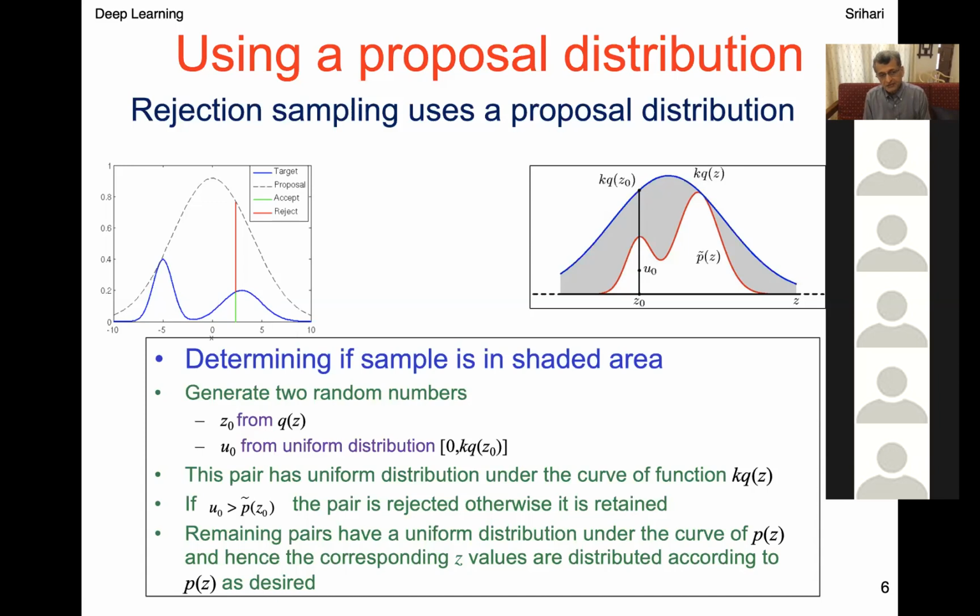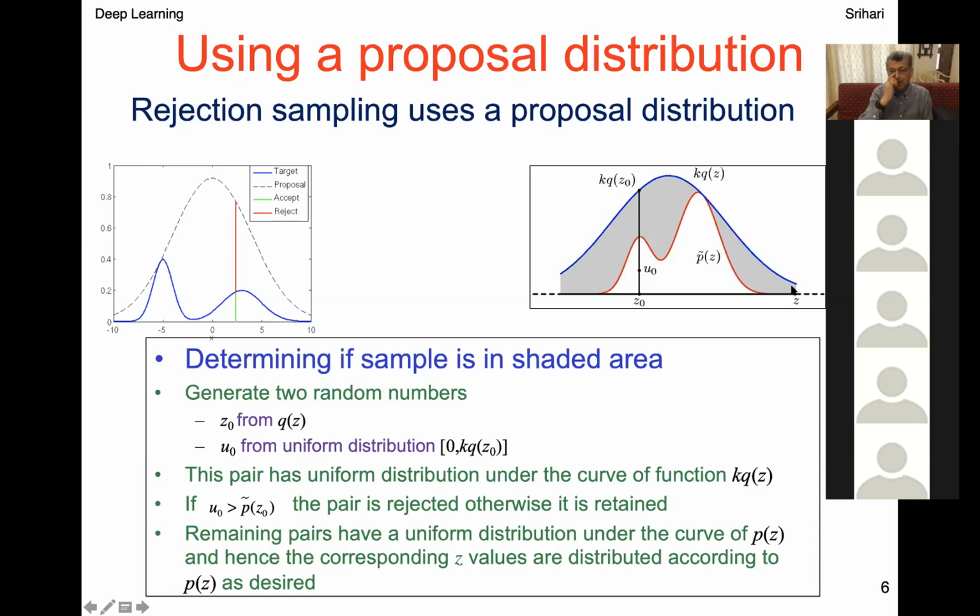And how do you figure out whether to accept or reject? Well, this right-hand side figure helps do that. The true distribution is this P, and there is some version of it, K times Q, this blue one here. And this says the goal is to determine if the sample falls such that the corresponding sample in the proposal is in this gray area.